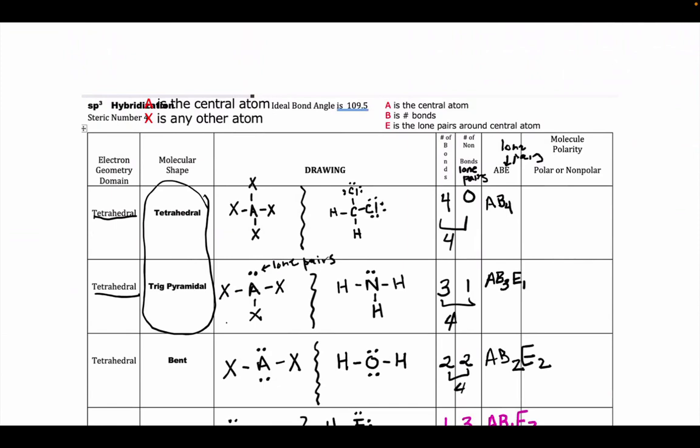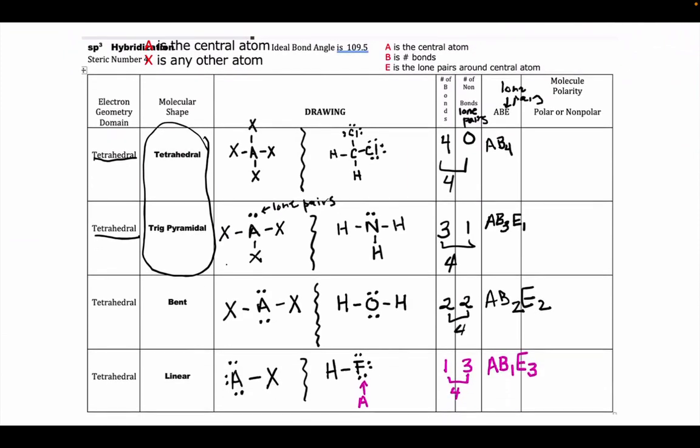So if we go back to our molecular shape notes, this shape is going to be polar. You could write your rule here. So tetrahedrons are polar, or you could write it in, I like to write them as nonpolar if the atoms are the same around the central atom.